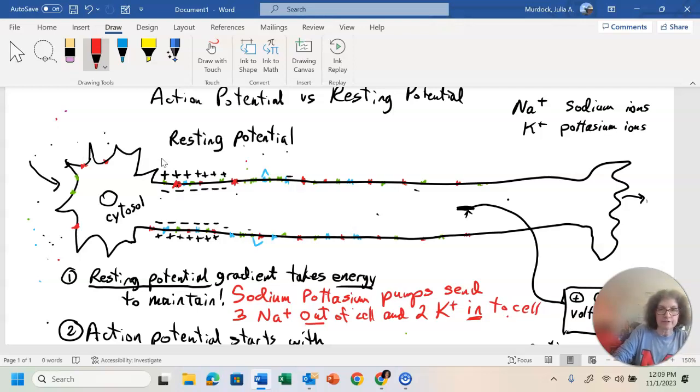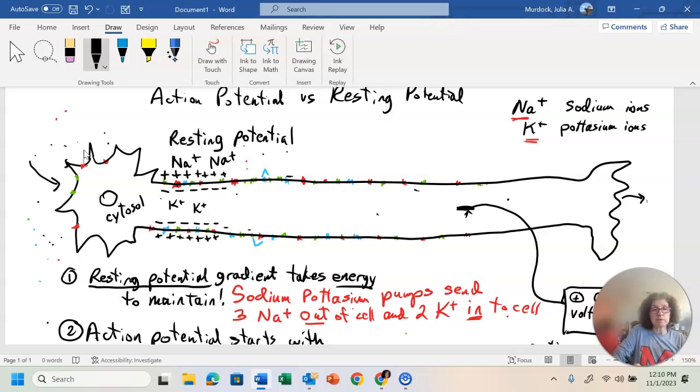You have the 2 players, the sodium ions and the potassium ions, moving in such a way that you have sodium ions out here in pretty high concentrations at resting potential, and inside you have potassium ions in here. Okay? And a lot of students get confused about this, because then where are the negatives coming from if all the ions that are moving are positive?